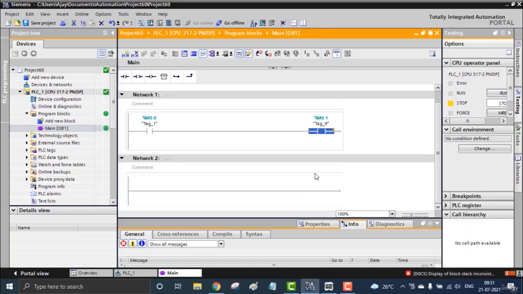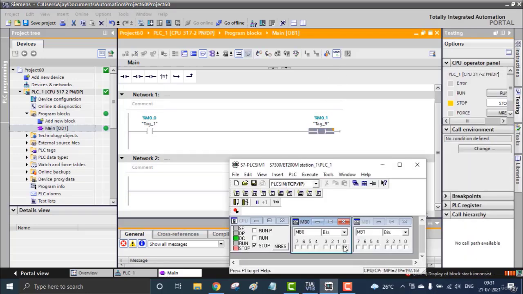Let me go online, and I'm going to use the run, and we are at the runtime, and we can see M0.0, that is in MB0, the memory byte. Inside the memory byte we have M0.0.